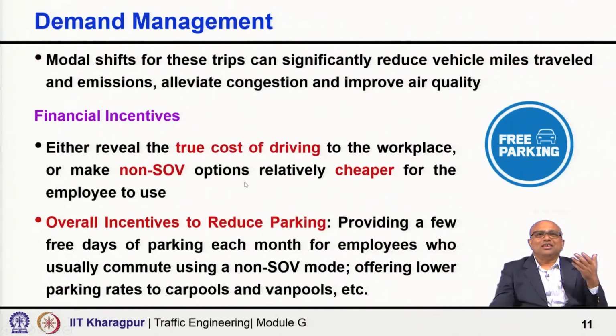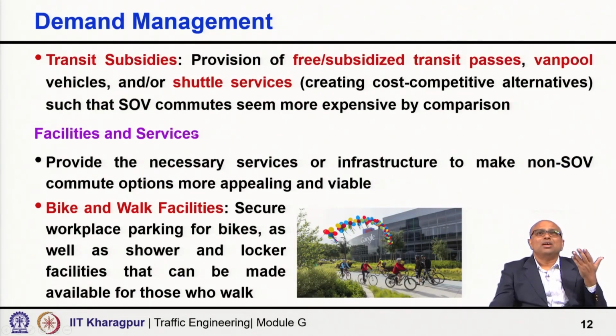Then, other than giving financial incentives, there are other ways and means. For example, facilities and services. So, provide the necessary services or infrastructure to make the non-SOV commute options more appealing and viable. There are so many ways we can do it.